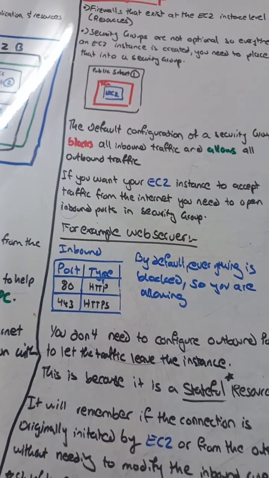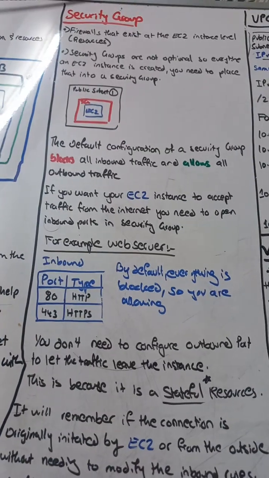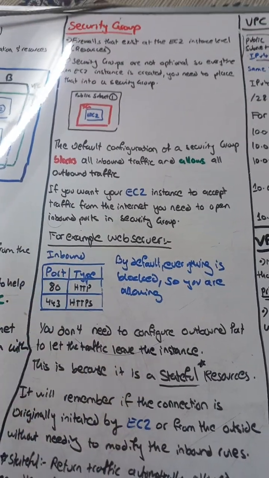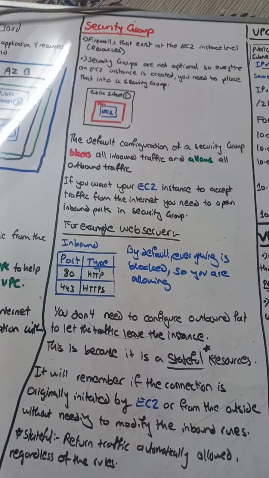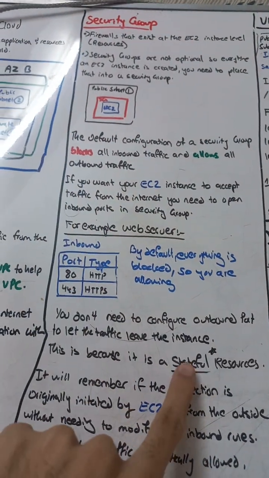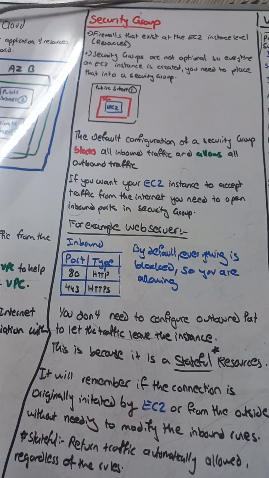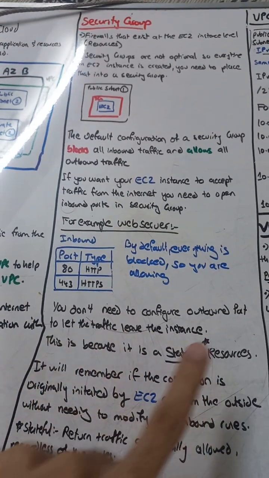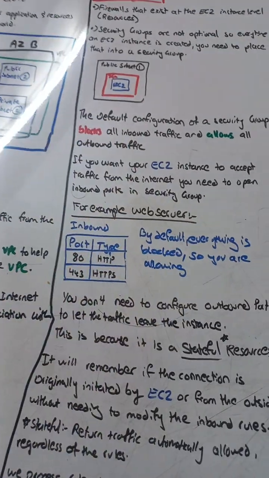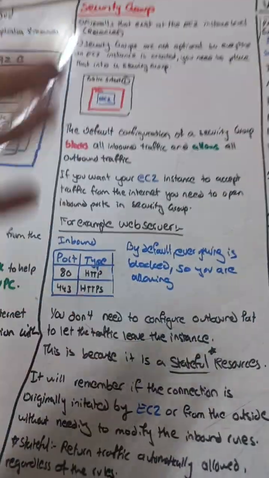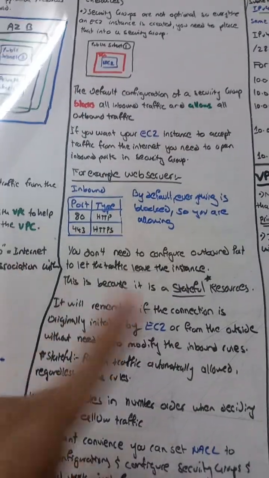And you don't need to configure the outbound rule because security groups are stateful. They're stateful, which means that you don't need to configure outbound rules and you can let the traffic leave the instance. So once you've configured the inbound, the outbound is automatically configured because they're stateful.